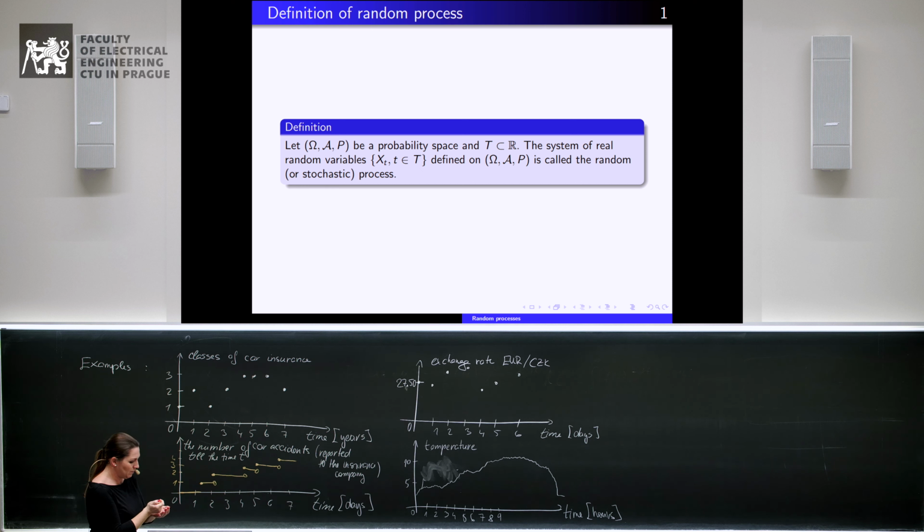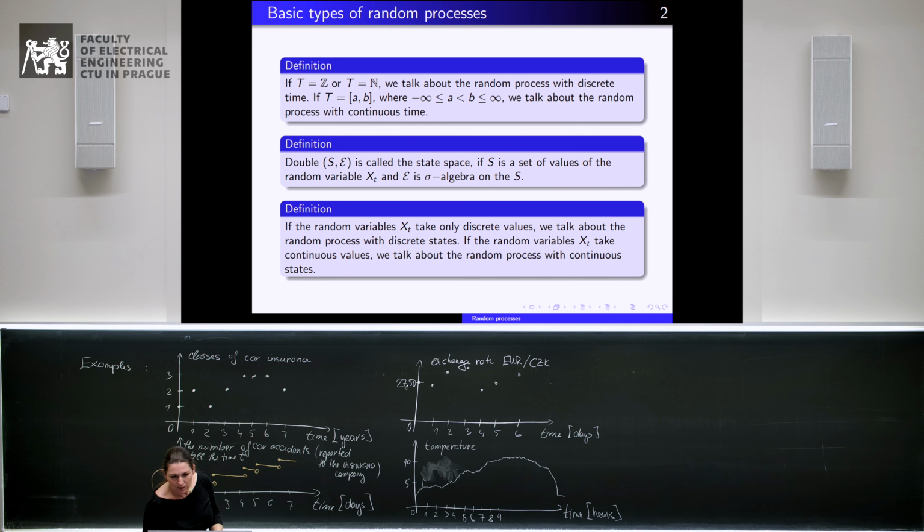The differences between these plots are in the discrete and continuous values which we take, and in the discrete and continuous time we consider. And this is the first division of random processes.